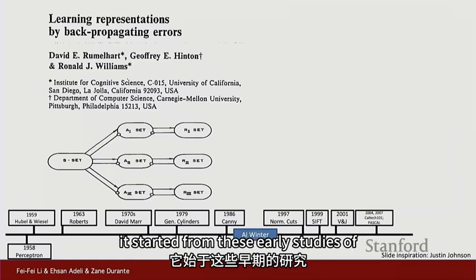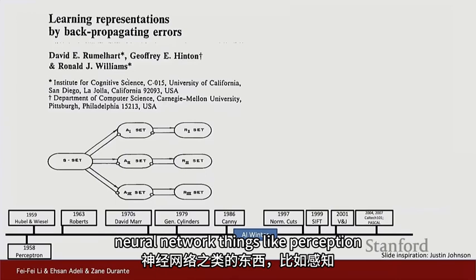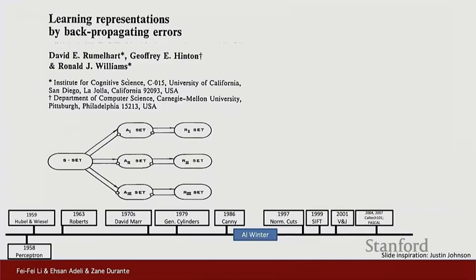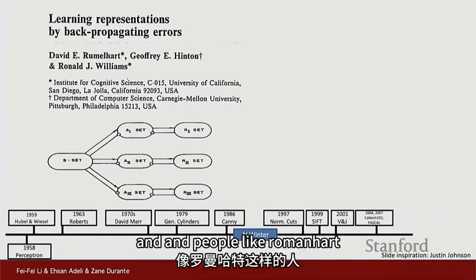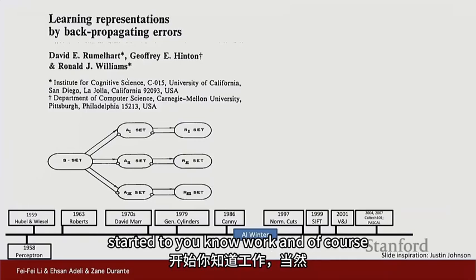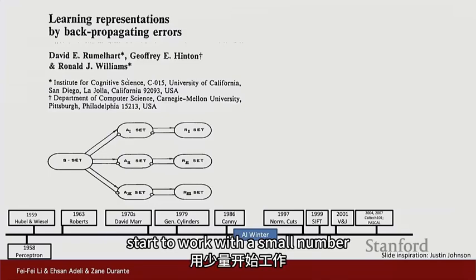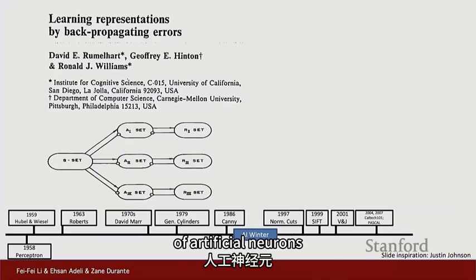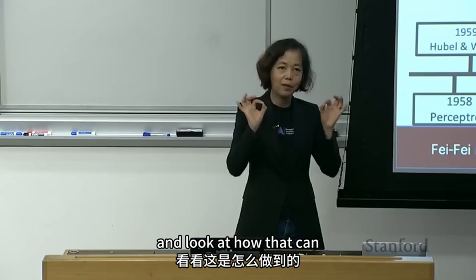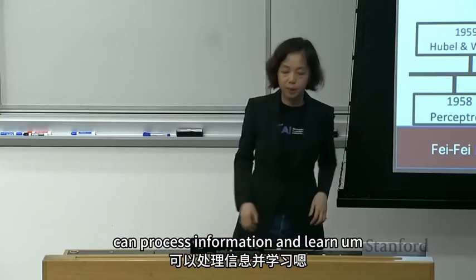It started from these early studies of neural networks, things like the perceptron, and people like Rumelhart started to work, and of course Geoff Hinton in his early days started to work with a small number of artificial neurons and look at how that can process information and learn.